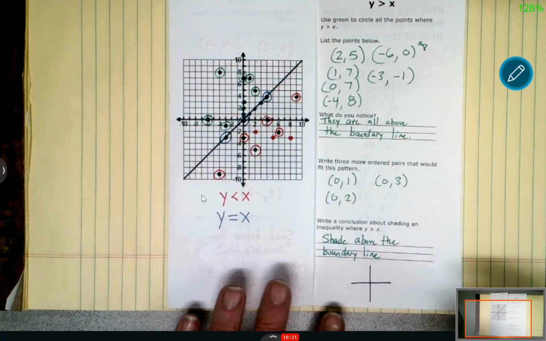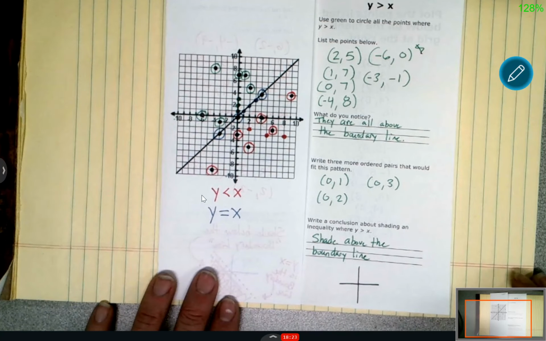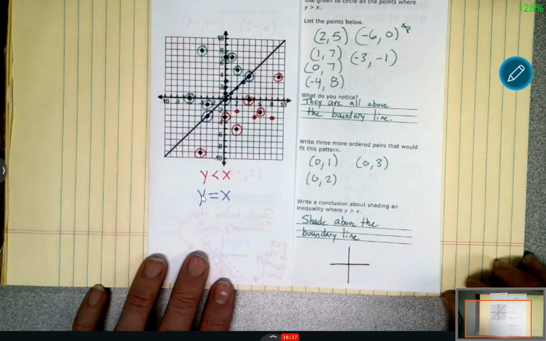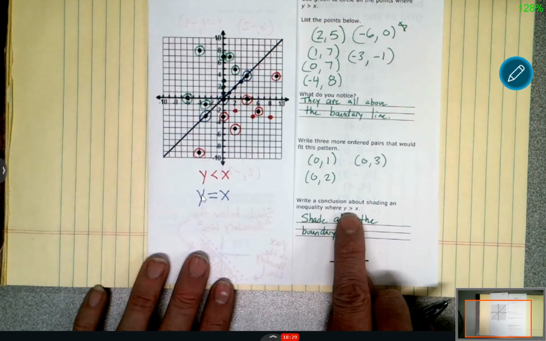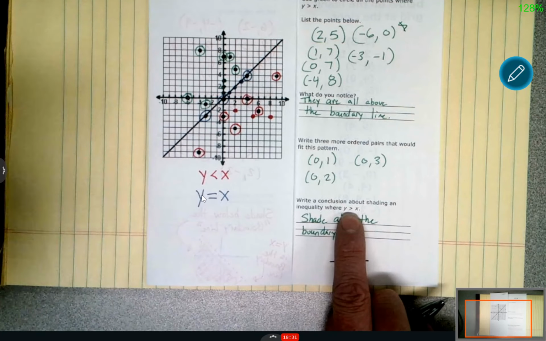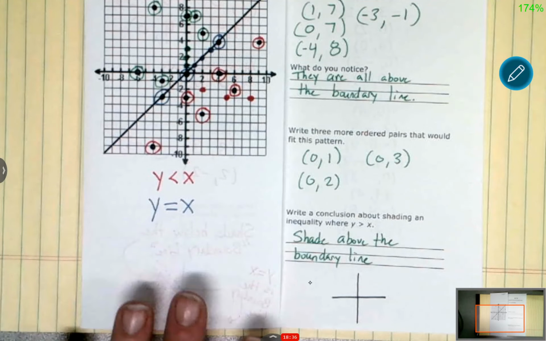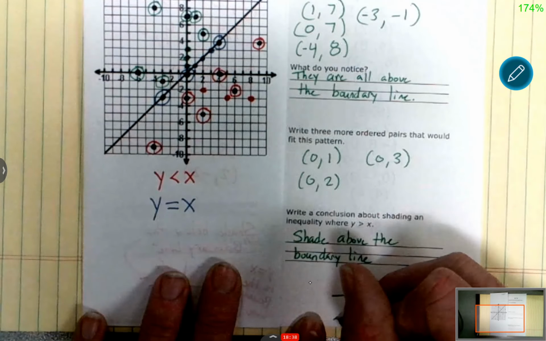Okay, so I'm drawing the line y equals x as my boundary line. When I draw it, because my inequality is y is greater than x, would I do a dashed line or a solid line? Dashed line.